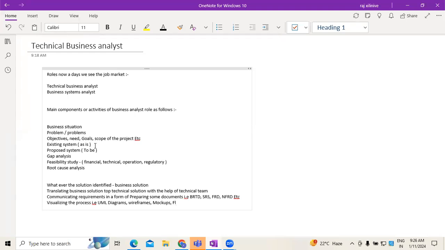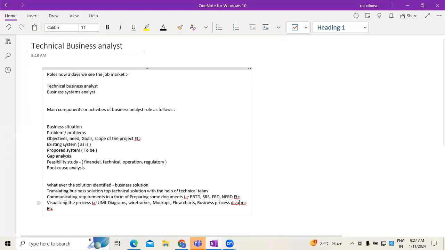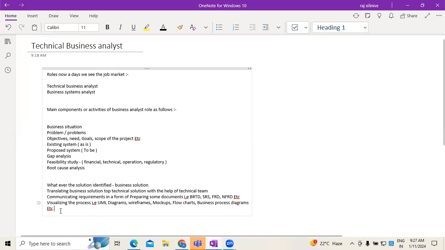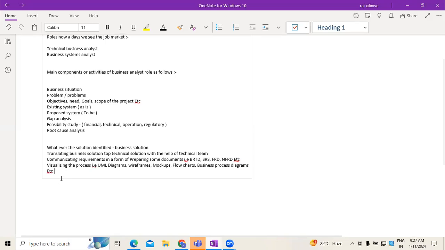At the same time, flow charts, right? So business process diagrams. These all come under the visualization process, meaning whatever visualization we want to do comes under the visualization process.